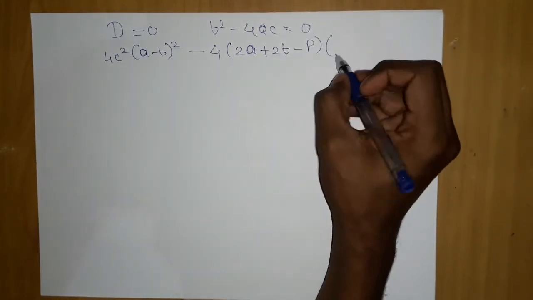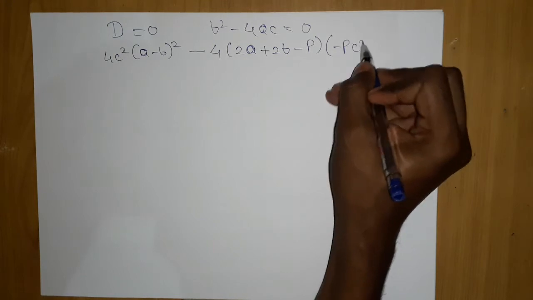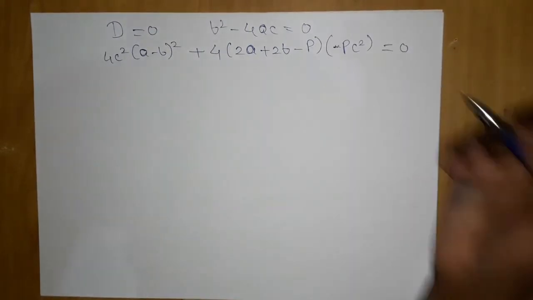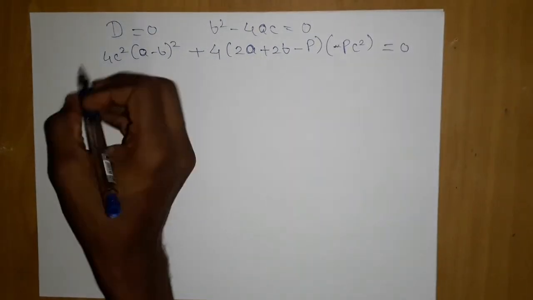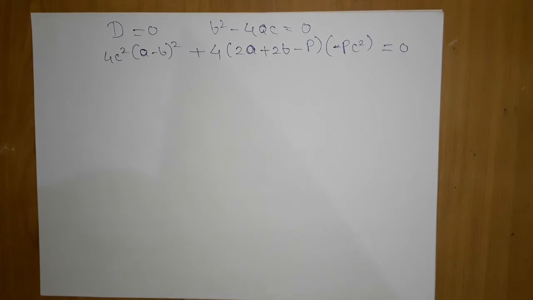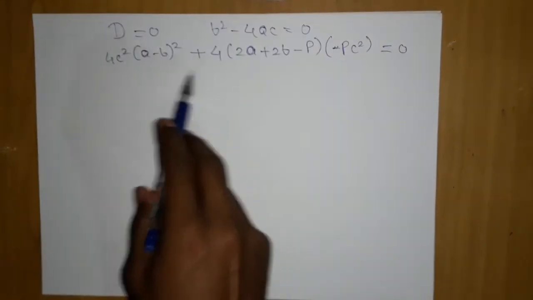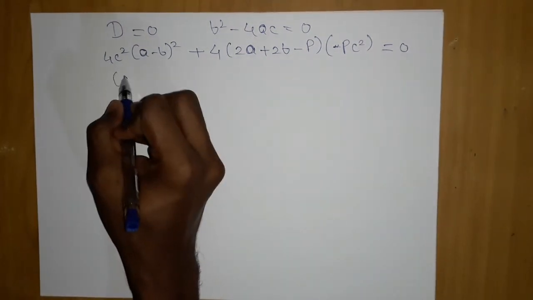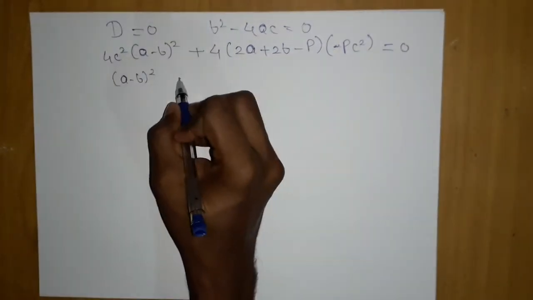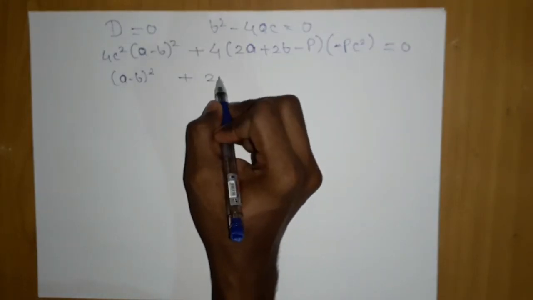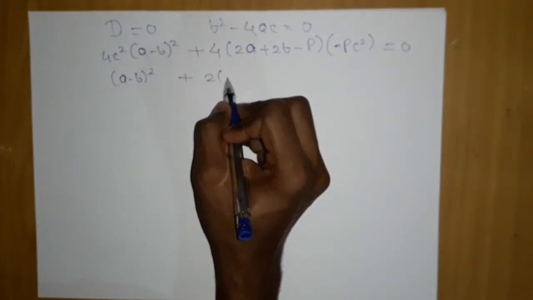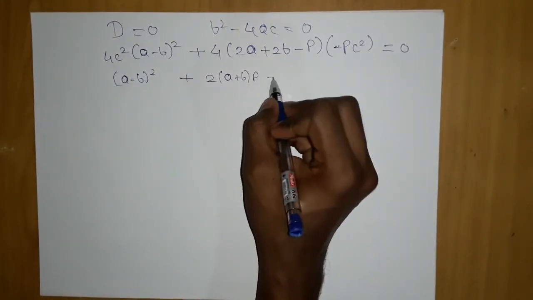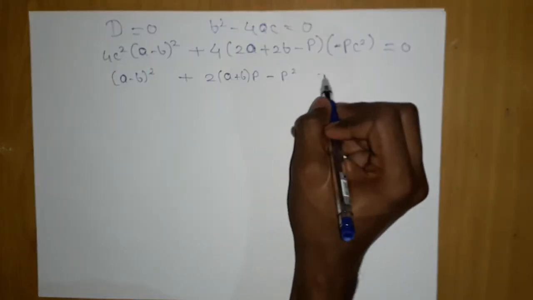This will form minus pc square, and this minus, if I remove it, I can make it plus, and it should be equal to 0. One thing we can analyze from here is that this 4 and this 4 will cancel, and this c and this c square will cancel out, which leads us to here we have a minus b the whole square. Here we have 2. If I take common and multiply by p, then what I get is a plus b p, and here I have p square, which should be equal to 0.